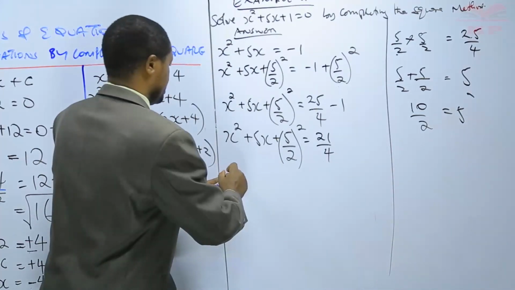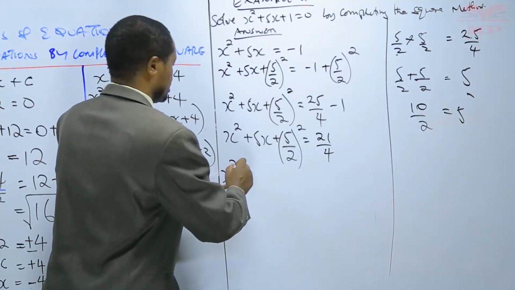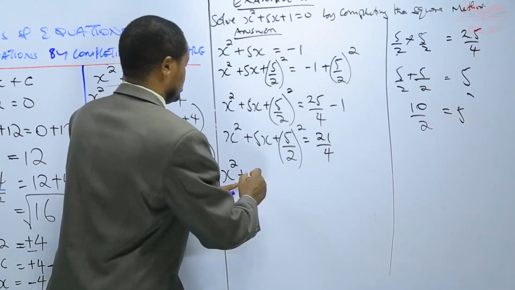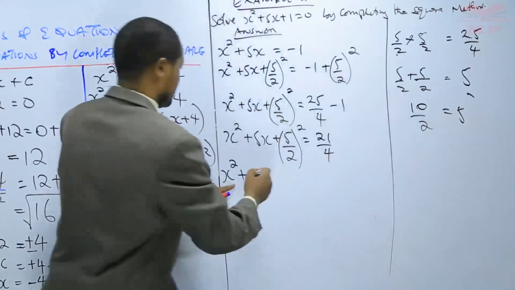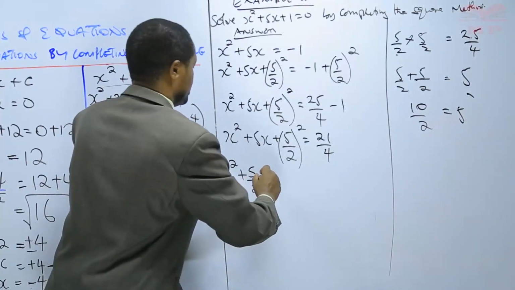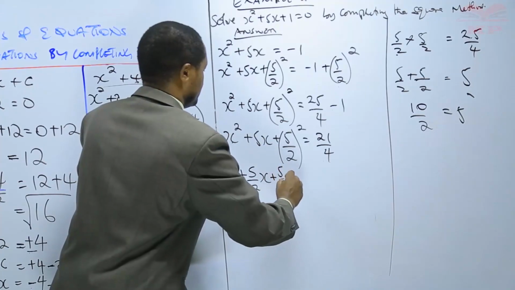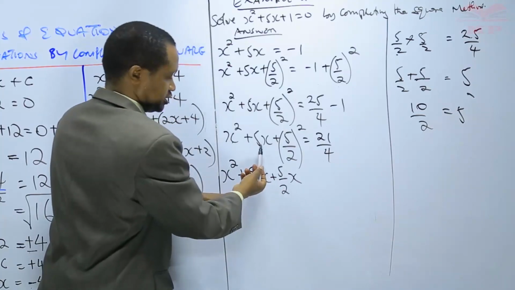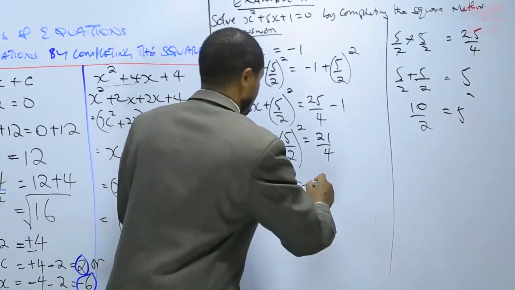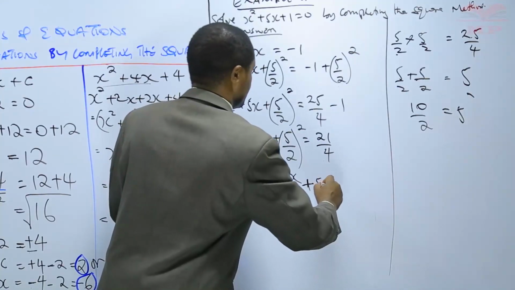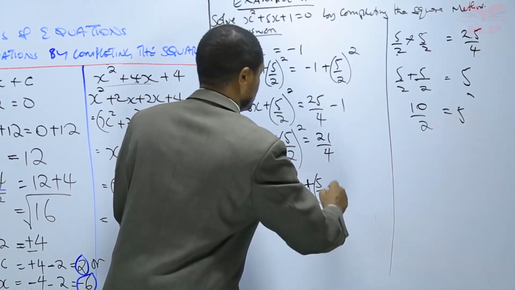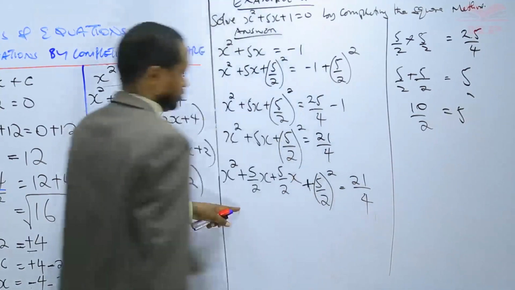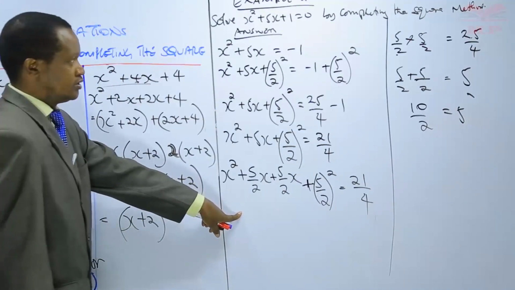So we rewrite this expression: x squared plus 5 over 2x plus 5 over 2x, which is equal to 5x, then plus 5 over 2 squared is equal to 21 over 4.